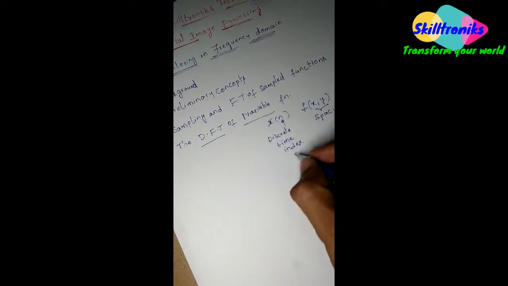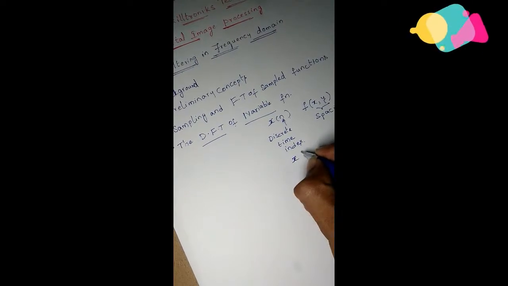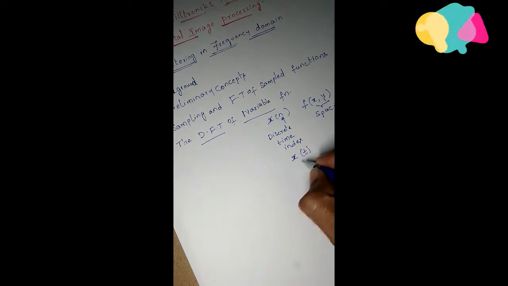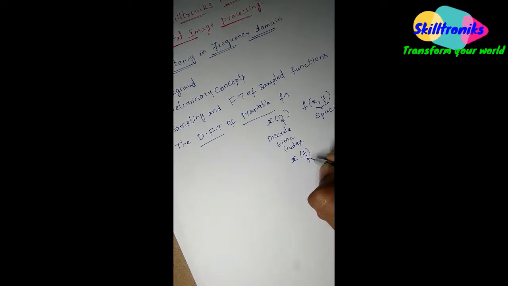Whenever we talk about continuous time signals, we indicate them with the notation x of t, where t is a continuous time variable.